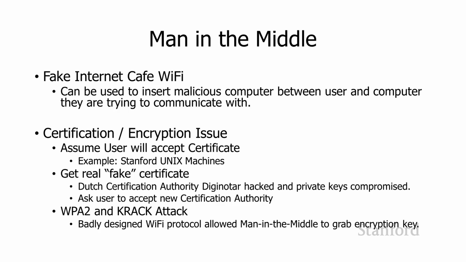We've also had, and this was really scary, a weakness in one of the Wi-Fi protocols, WPA2, that actually allowed a particular type of attack to grab the encryption key. This was discovered, we hope, first by a white hat hacker. And so these are the good guys.